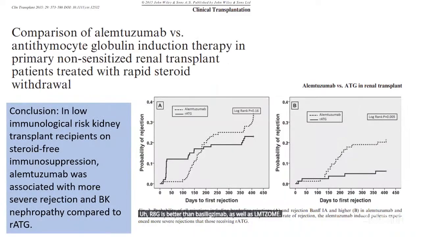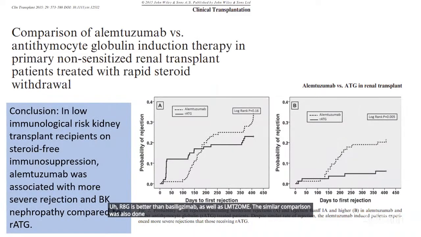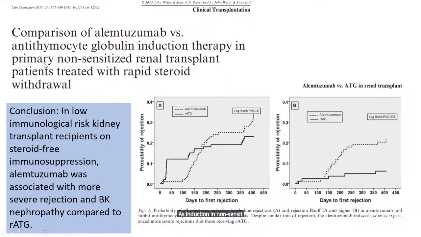A similar comparison was also done for alemtuzumab versus ATG as induction in non-sensitized, that is what we target, primary non-sensitized living renal transplant recipients where early steroid withdrawal was planned.